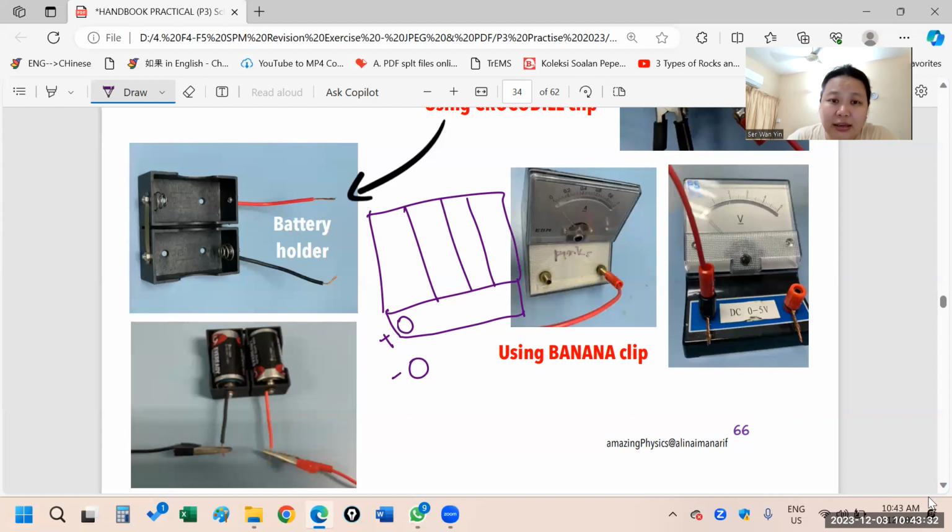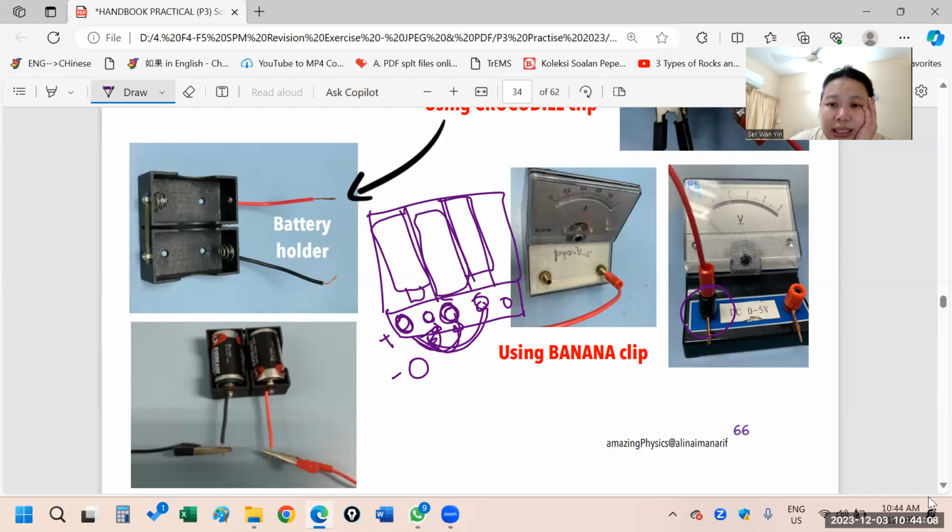So let's say if we use 2 batteries, normally you will get 5 connections here. Number 1 is positive and negative. Then the first one is the first battery, the second one is the second battery. So if you use 2 batteries, you directly clip on the second one. If 4 batteries, you directly clip on the third one.